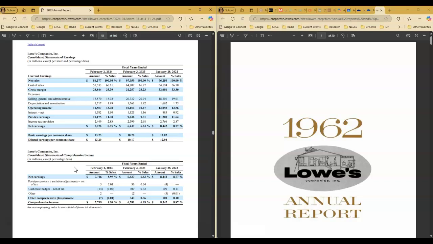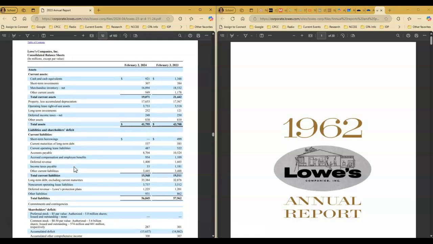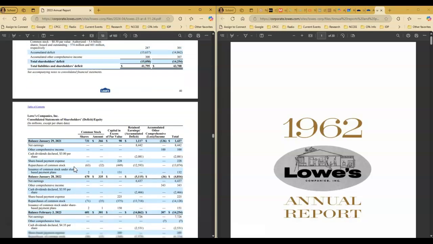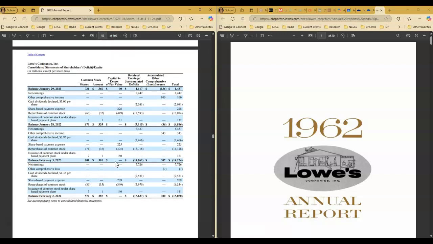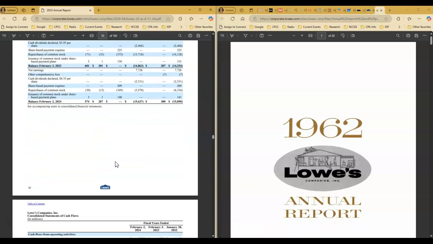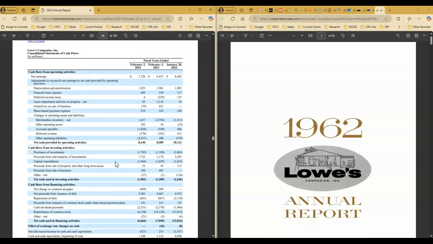We get into that in intermediate accounting, but just think income statement. Okay? Then you've got the balance sheet. Then you've got consolidated statement of shareholders' equity. So instead of this just being the retained earnings statement, it's all the different elements of shareholders' equity. And again, we get into that in intermediate accounting. And then you've got the statement of cash flows.